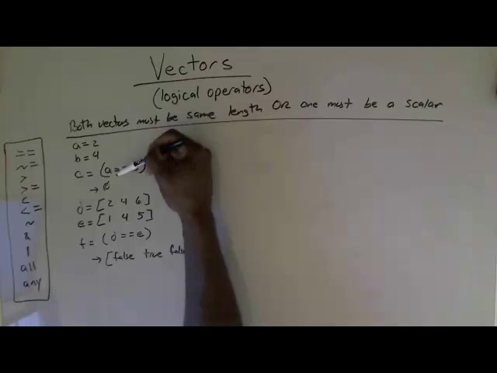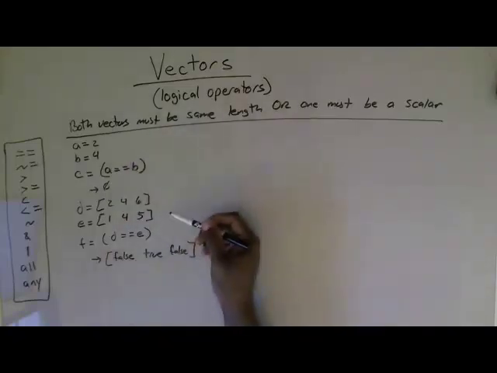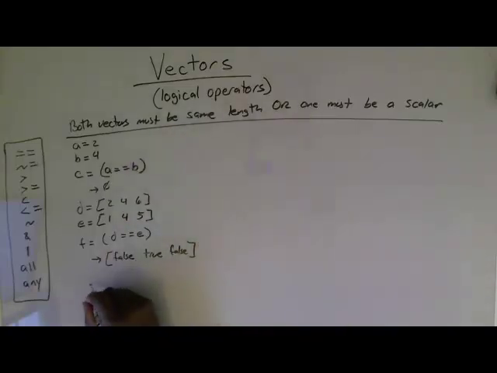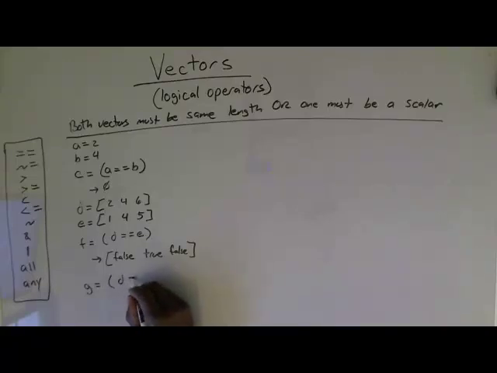So that's vector to vector. The earlier example was scalar to scalar. You can also do vector to scalar. So I could come in here and say G is equal to, does D equal A?